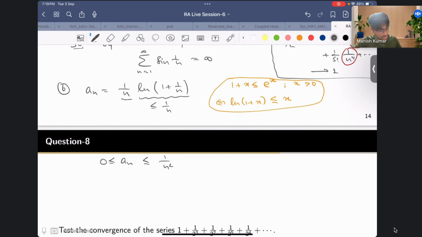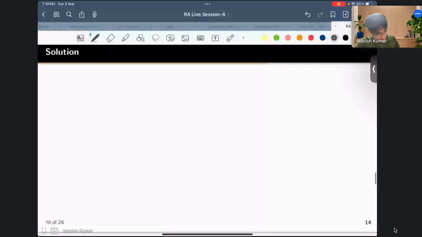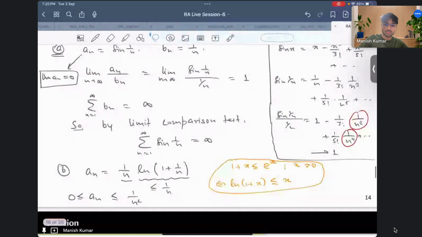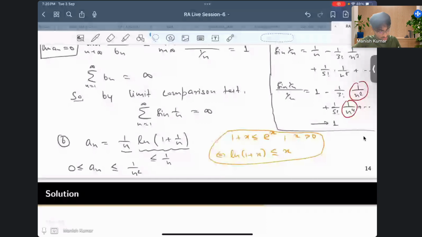This a_n is less than or equal to 1/n squared, and you know that the summation of 1/n squared is finite, so the summation of a_n is also finite, right? So from here only you get the answer.